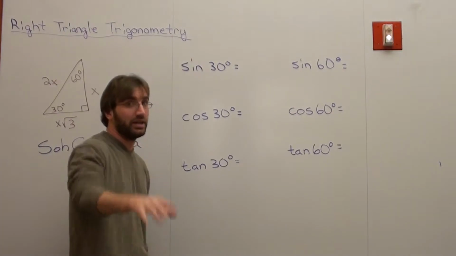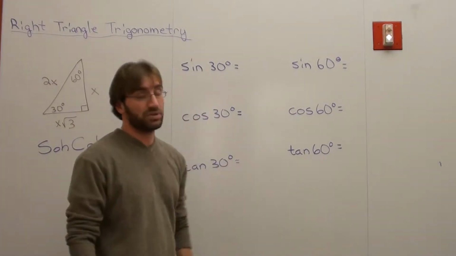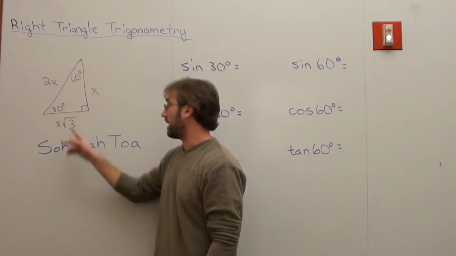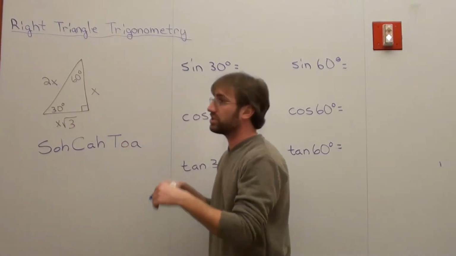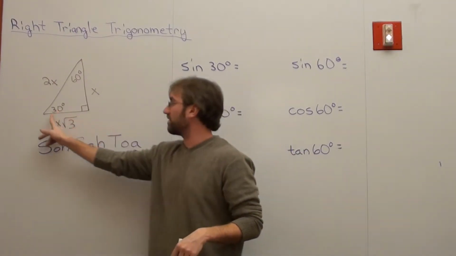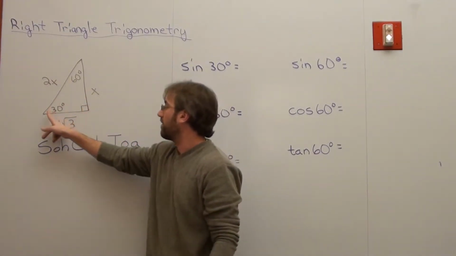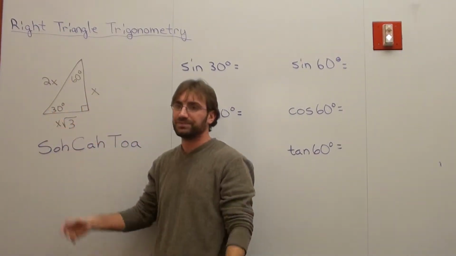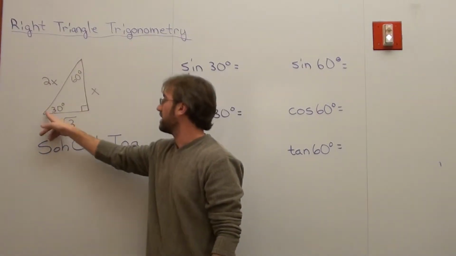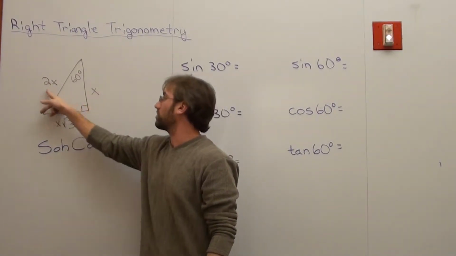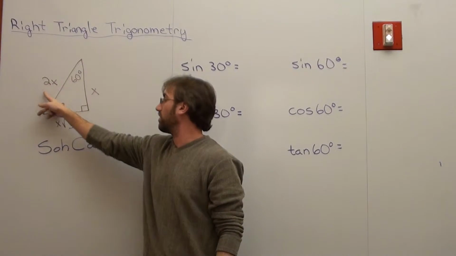So with that said, if I want to find the sine of 30 degrees, now here's the thing, I'm not using sine of theta anymore because I'm actually given the angle. So instead of the theta measure, I'm given the angle. If I want to find the sine of 30 degrees, it's x over 2x. It's opposite over hypotenuse.